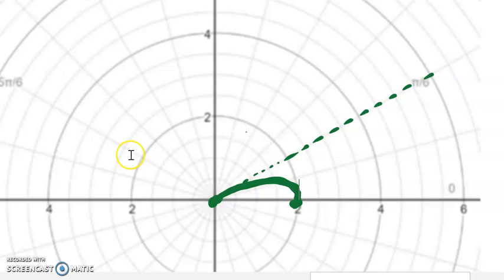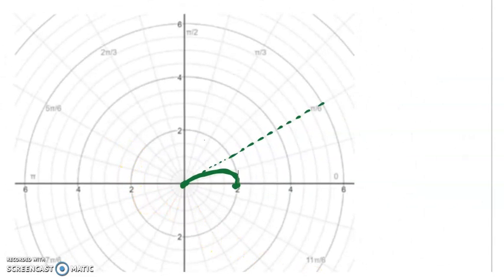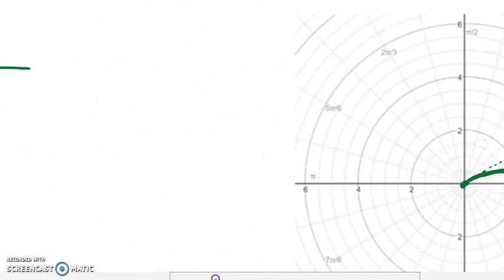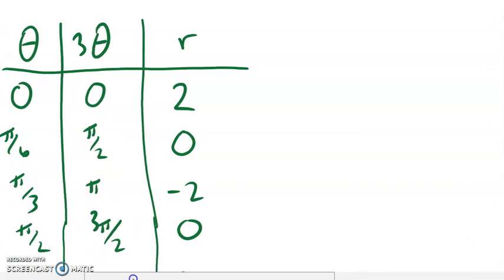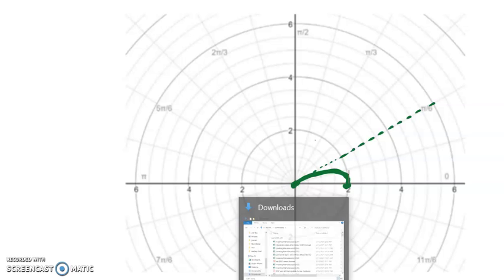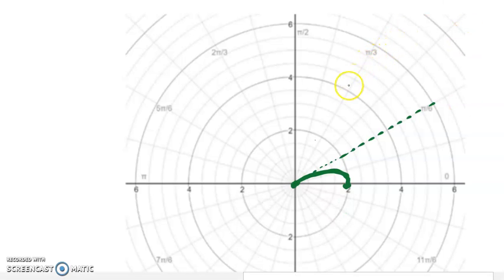And then what happens? Well, from there, our r value goes down to negative 2, and that's by the time theta gets to pi over 3. So pi over 3 is right here, but if it's negative 2 for our r value, then pi over 3 is going to be right here.